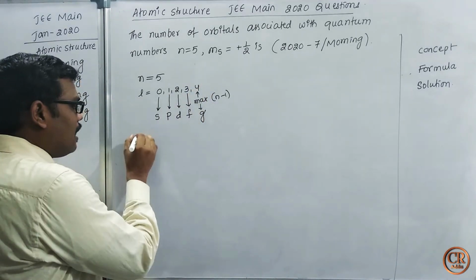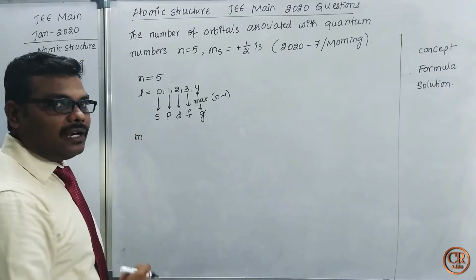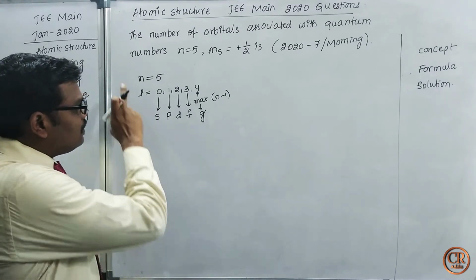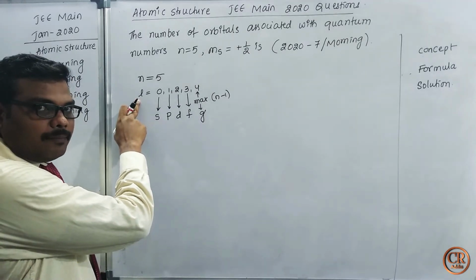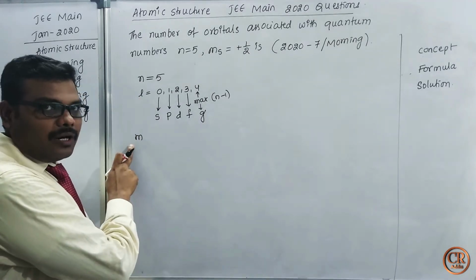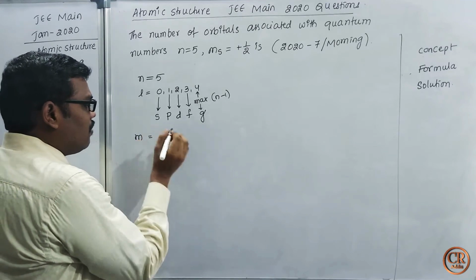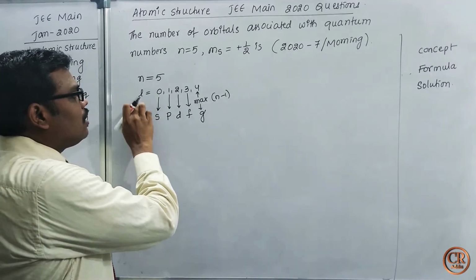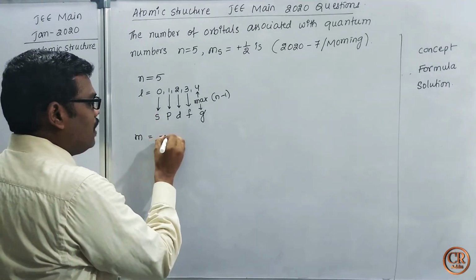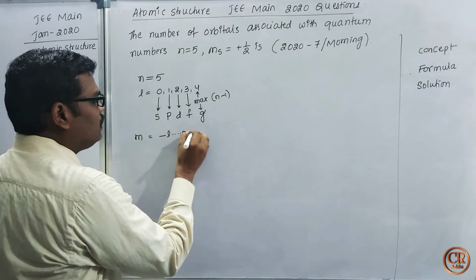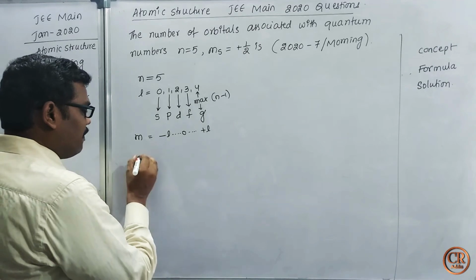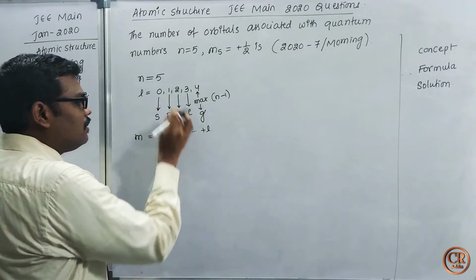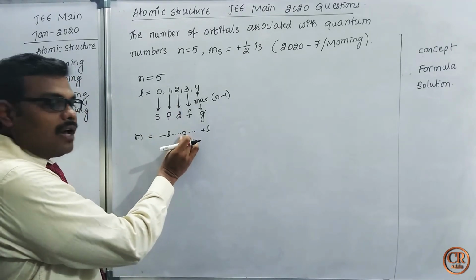Now if you take M values, these are magnetic quantum numbers. This is the principal quantum number. This is the azimuthal quantum number. This is the magnetic quantum number. The magnetic quantum number for a given azimuthal quantum number ranges from minus L through 0 to plus L. Suppose L value is 0, then we have only one M value.